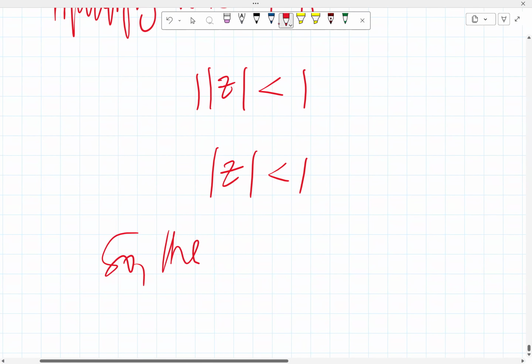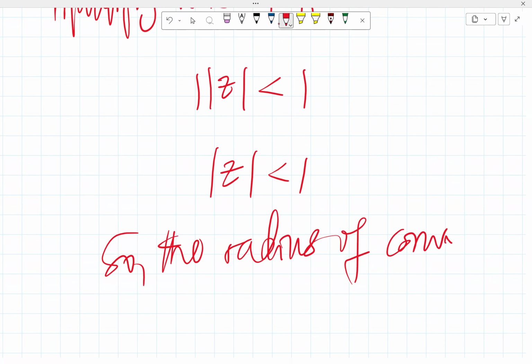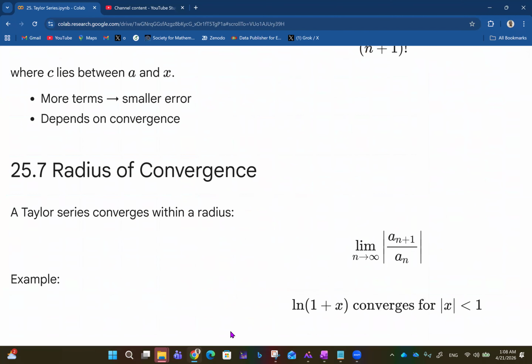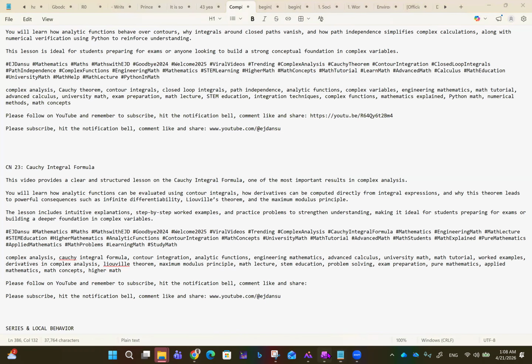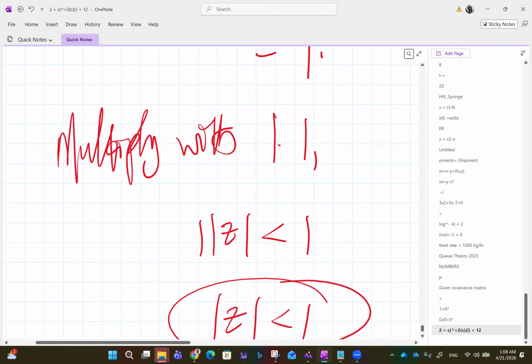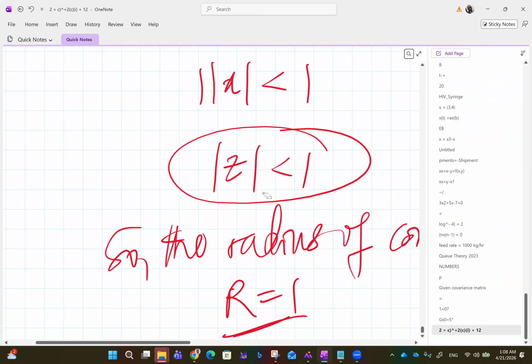So the radius of convergence is equal to 1, because this absolute value of z is less than 1. That's exactly what this explanation is. Okay, we are not using z, we are using x. So this converges for absolute value of x less than 1. So it's not z we are using here, it should be x, so that's absolute value of x here.